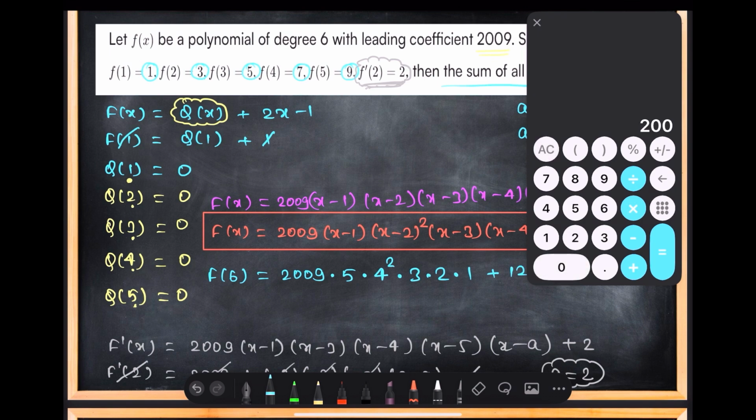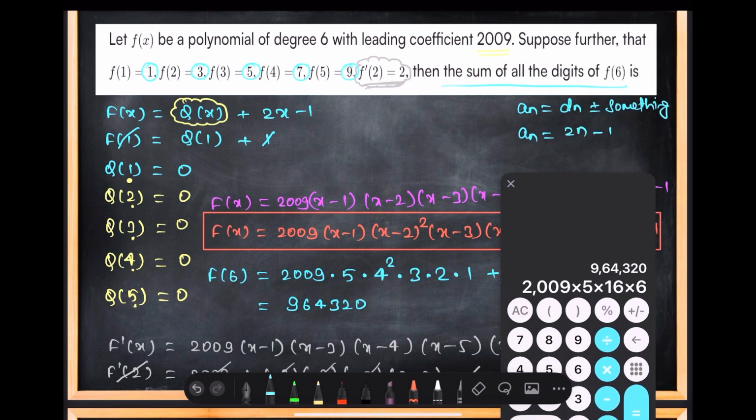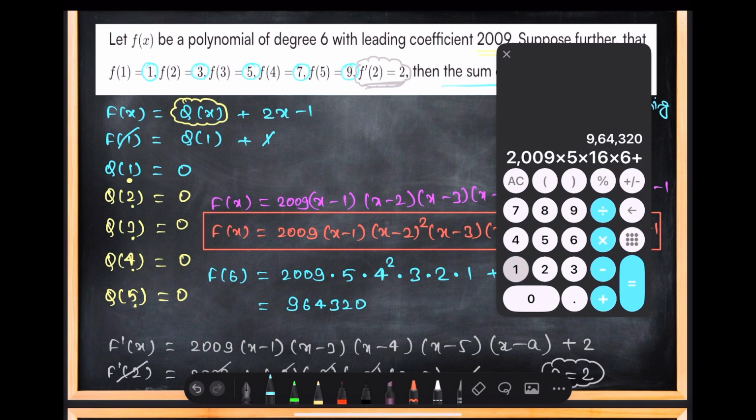Okay, so 2009 times 5 times 16 times 6. So we got 964,320, and then plus 11. Okay, so if you add 11, you will have 964,331.